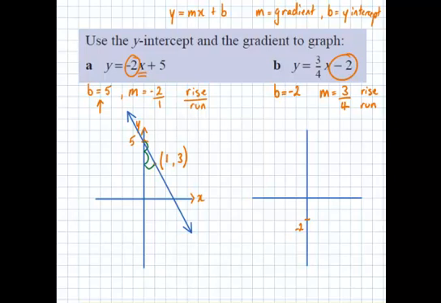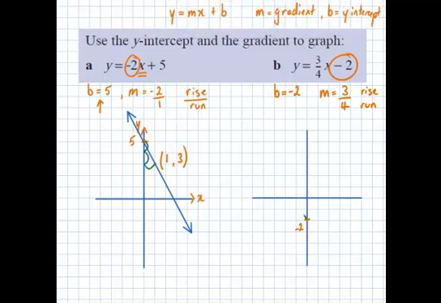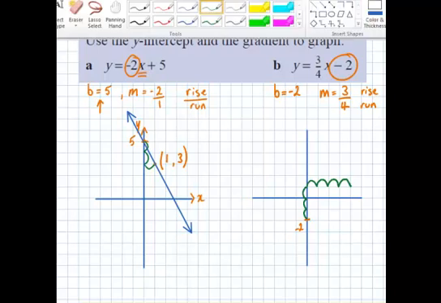So from that negative 2 that I've just marked, I'm going to go up 3. 1, 2, 3. And I'm going to go across 4. So 1, 2, 3, 4. That's where I'm going to put my new point.